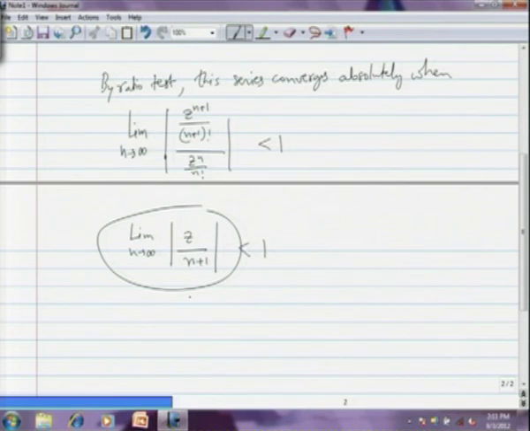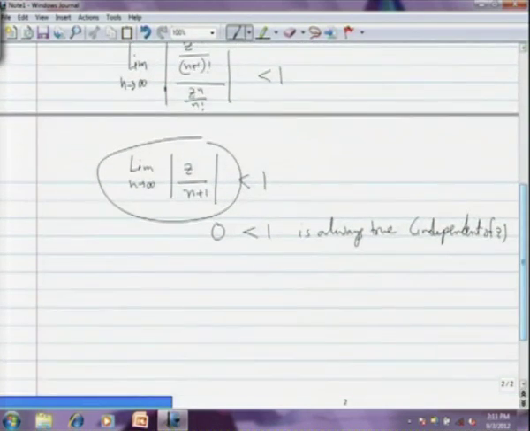But notice that the limit of that quantity is 0 no matter what z is. So, 0 is strictly less than 1 is always true, independent of z is the point. So, independent of z, 0 is less than 1.